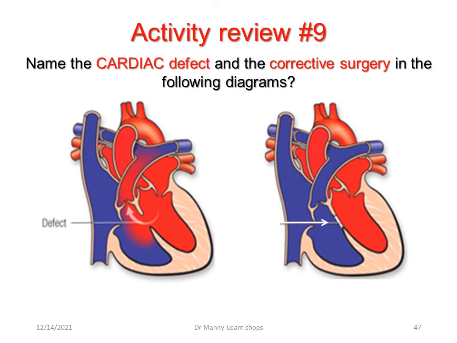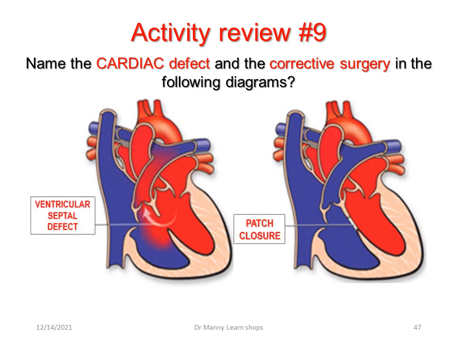Can you name the cardiac defect and the corrective surgery in the following diagrams? What's the defect and what has been done to correct the defect? The cardiac defect is a ventricular septal defect, VSD, and the corrective surgery is a patch closure of the VSD.